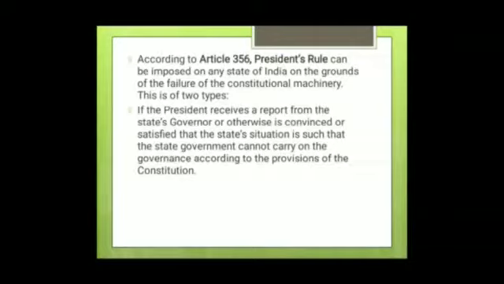So this can be a ground of failure of constitutional machinery. This is what we say, a failure of constitutional machinery.